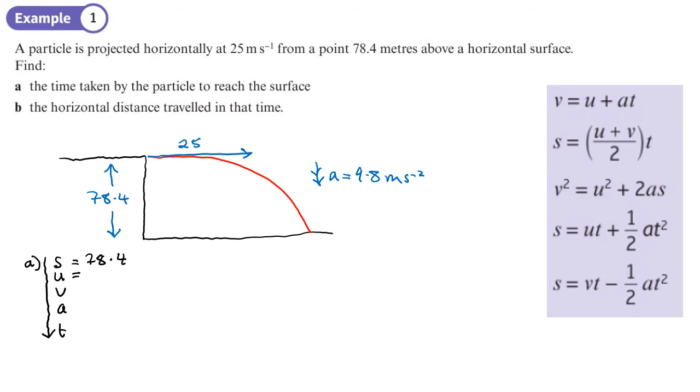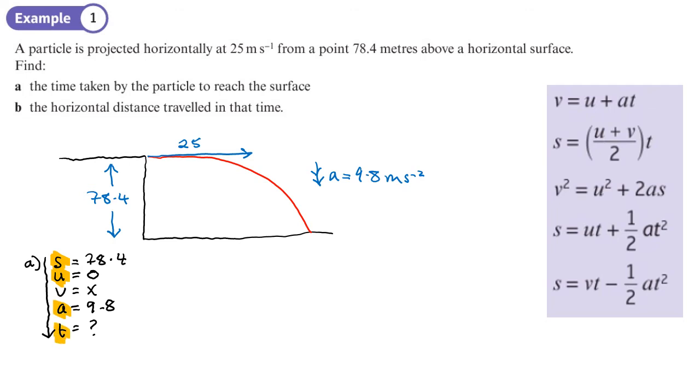Remember, with horizontal projection, the vertical velocity is 0. We are not interested in the final velocity. The acceleration, because we're taking downwards as positive, is going to be 9.8, and we're trying to find the time. So I'm looking for an equation that has S, U, A and T in it.